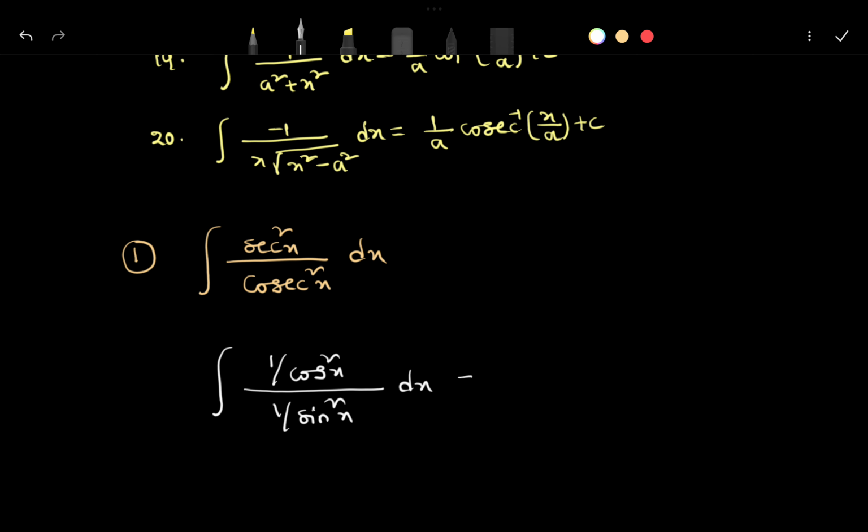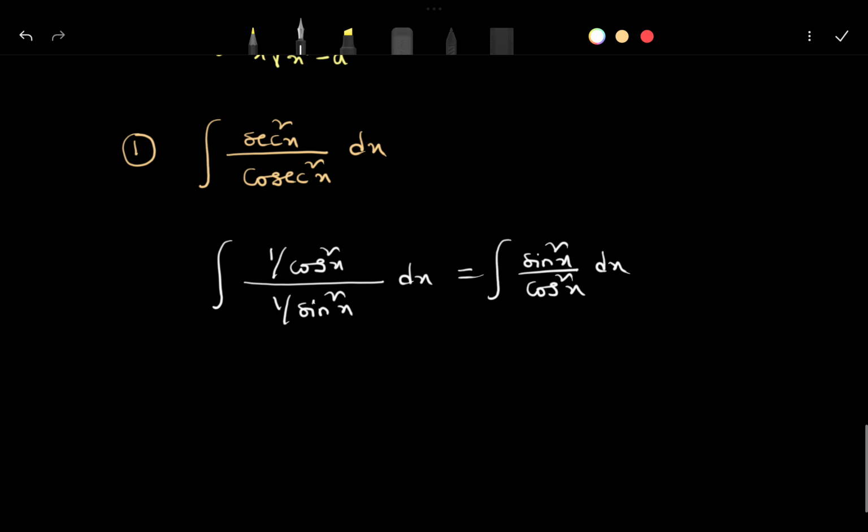We can write this as the integration of sin square x divided by cos square x into dx. That is equal to the integration of tan square x.